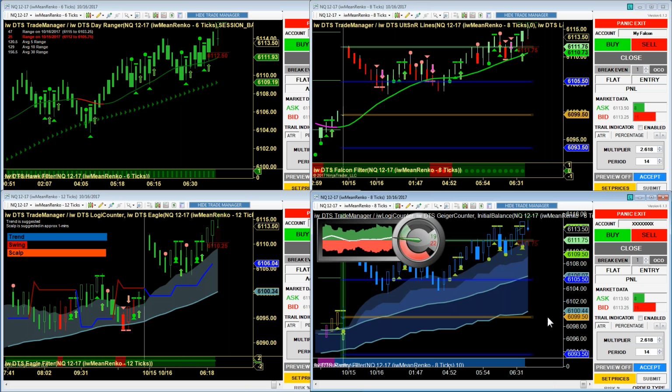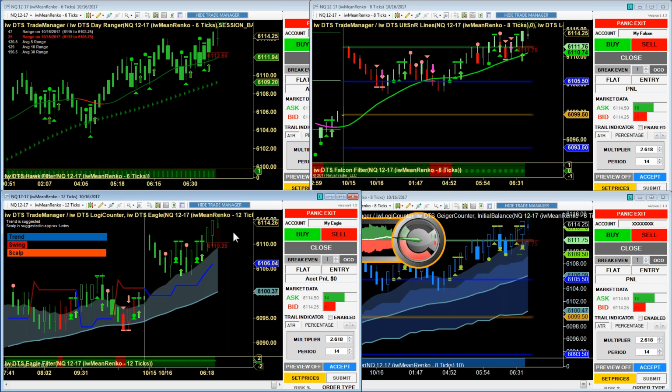Right now, though, with that big gap up, it does appear that the bulls still have control of the marketplace. But we're kind of at the top end of the trading range.